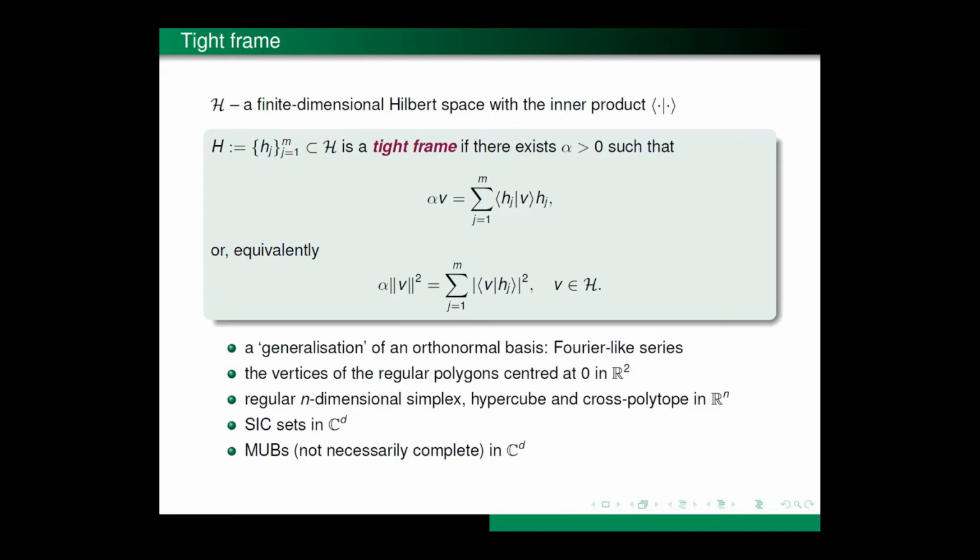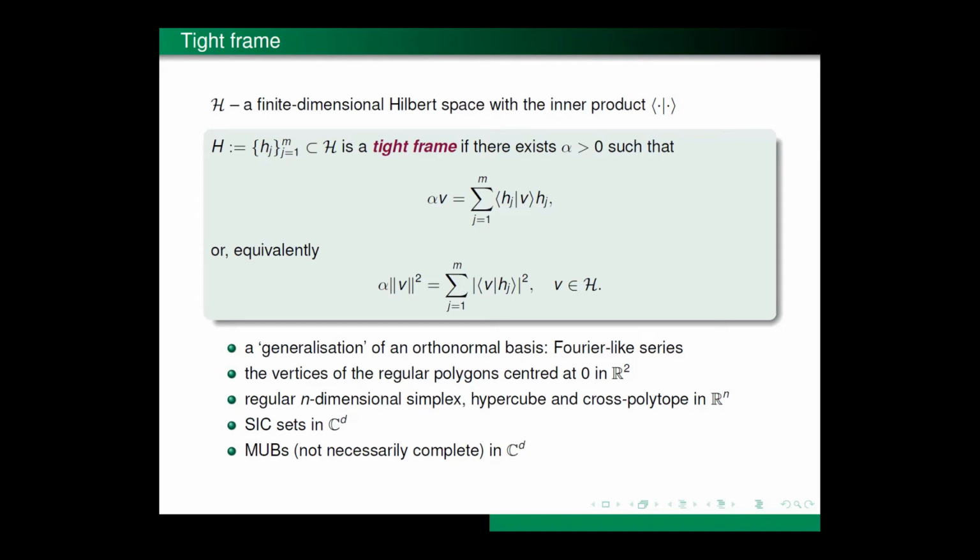Some of the most important examples of tight frames are, for example, in two-dimensional real space, the vertices of regular polygons centered at 0. In n-dimensional real space, we've got the regular n-dimensional simplex, the hypercube, and the cross polytope, which are all also centered at 0.